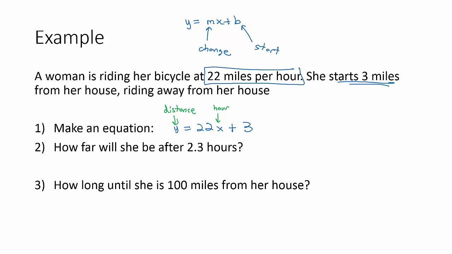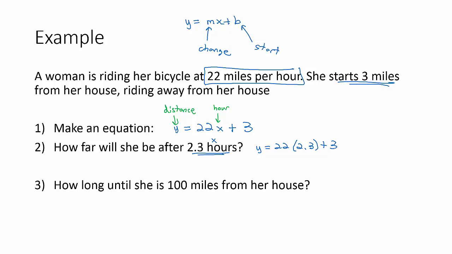And now we can use this equation to answer some questions. For example, if we want to answer the question, how far away from her house is she after 2.3 hours, that 2.3 is hours, and we know hours is the x. So same equation, y equals 22 times 2.3 plus 3.